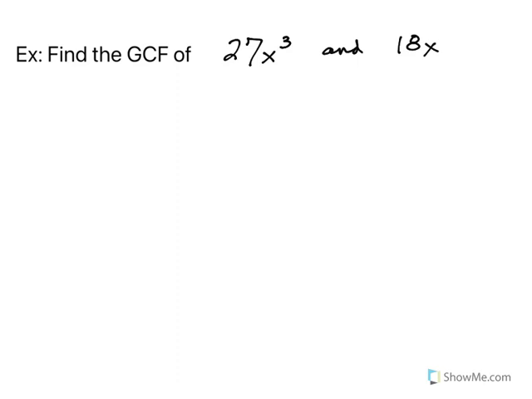We're going to find the GCF of 27x to the third and 18x. First things first, I'm going to talk about my numbers, 27 and 18. What is my greatest common factor? Well, if I want to list these out, 1 and 27, it's not even, so there's no 2, but I know 3 times 9, I can check 4, 5, 6, 7, 8.